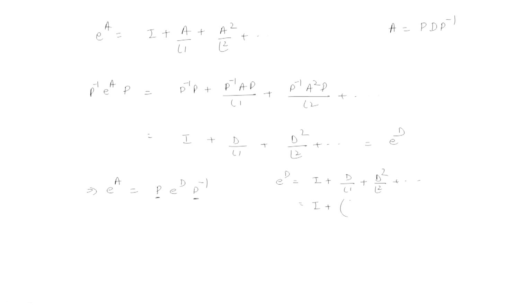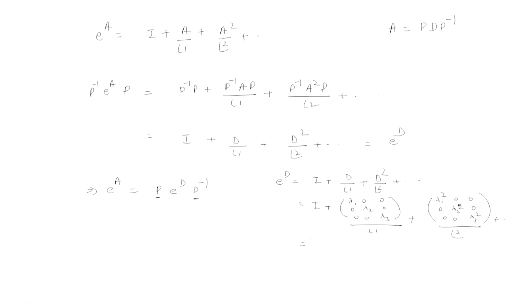D is nothing but lambda 1, 0, 0; 0, lambda 2, 0; 0, 0, lambda 3. Here lambda 1 and lambda 2 are 3 and lambda 3 is 5 for this particular problem. Now D square will be lambda 1 square, 0, 0; 0, lambda 2 square, 0; 0, 0, lambda 3 square, upon factorial 2 and so on.